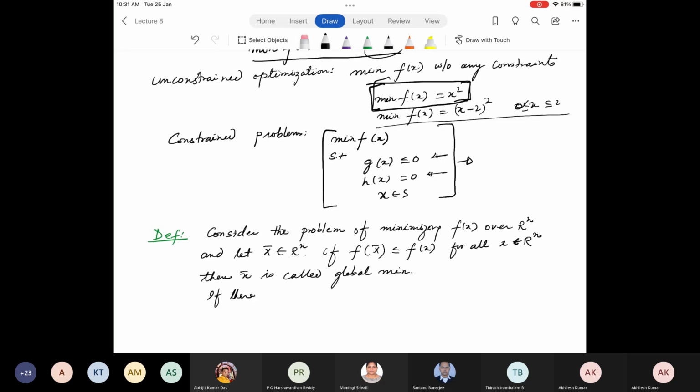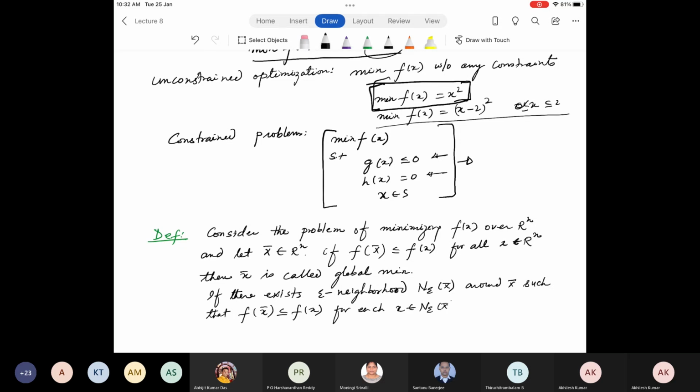If there exists an epsilon neighborhood around x bar such that f(x bar) is less than or equal to f(x) for each x belonging to the neighborhood of x bar, then x bar is called a local minimum, as we have already seen.